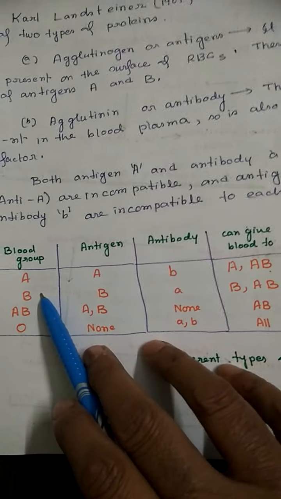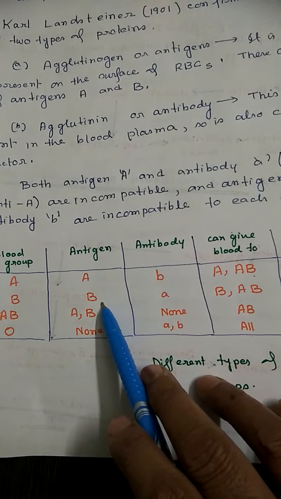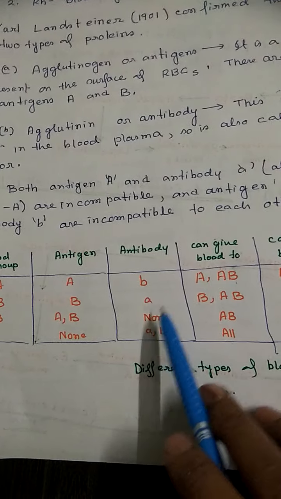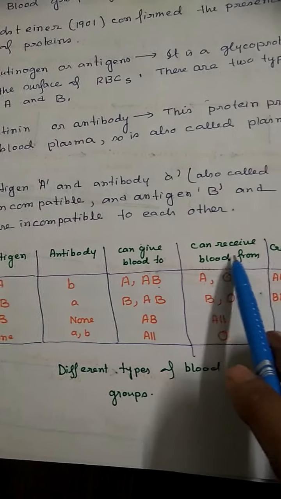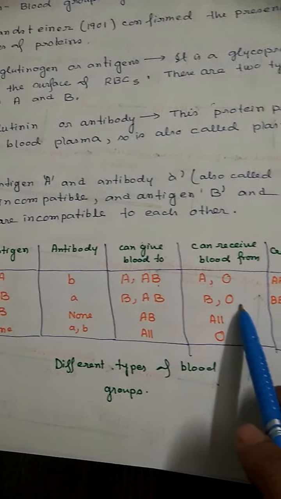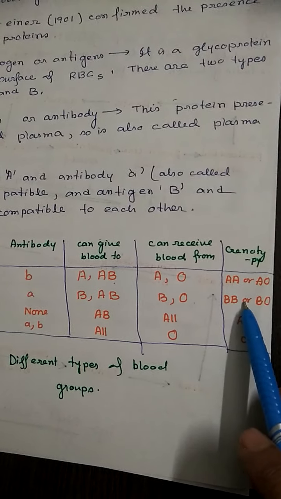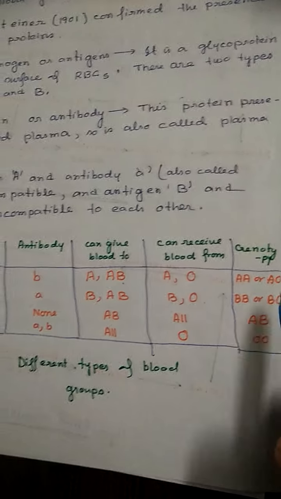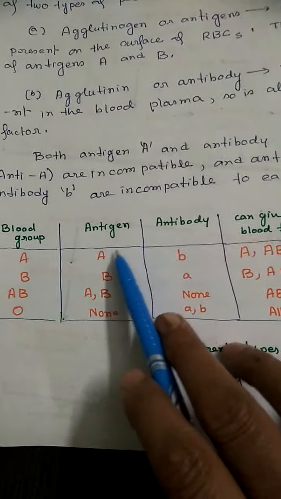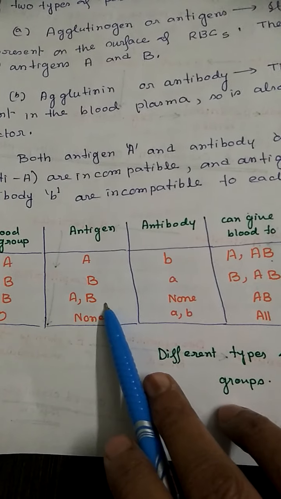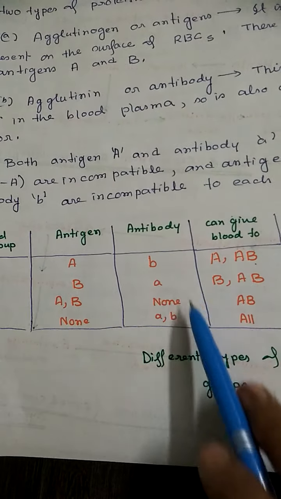Same way, in case of B, antigen is B and antibody is small a. It can give blood to B and AB, and can receive blood from B or O, and the genotype is BB and BO. Next one is AB. In case of AB, antigen is A and B both, and antibody is none.